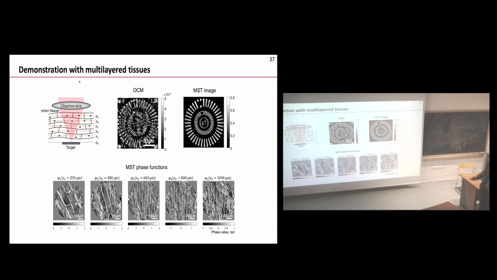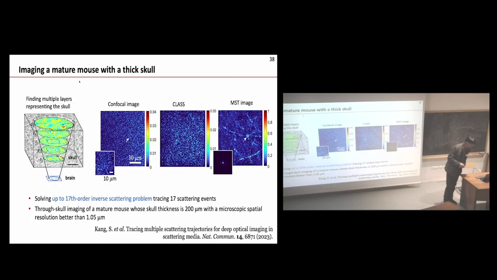Now you can see the cell walls and cell nuclei. And this is a phase image. So in reflection, you find the phase map of each layer, okay? And if you know this, then you can correct for it in your measured matrix, and you get this image, okay? So this is a quite exciting result.